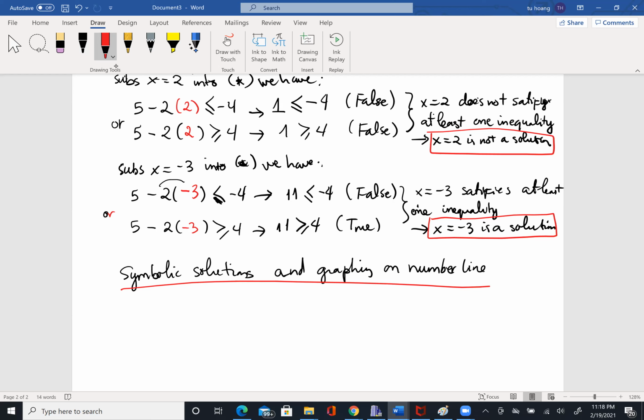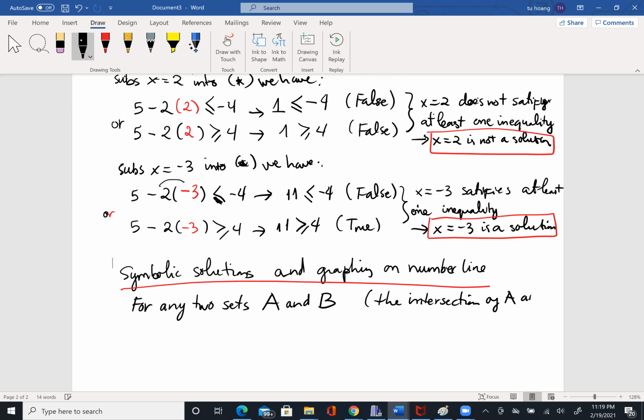So for inequalities, for any two sets A and B, this can be said as the intersection of A and B. We can denote it by A intersection B like this.